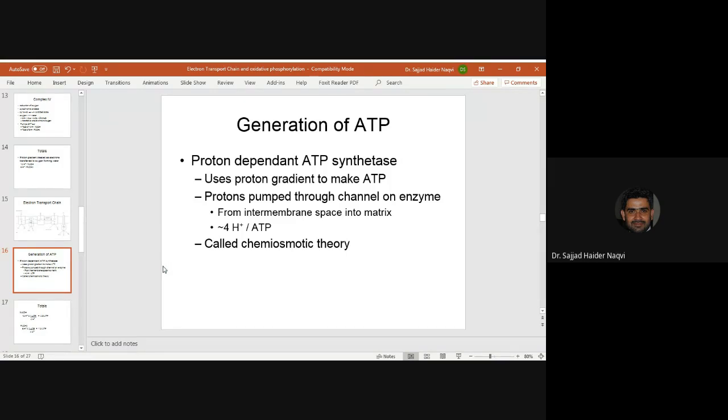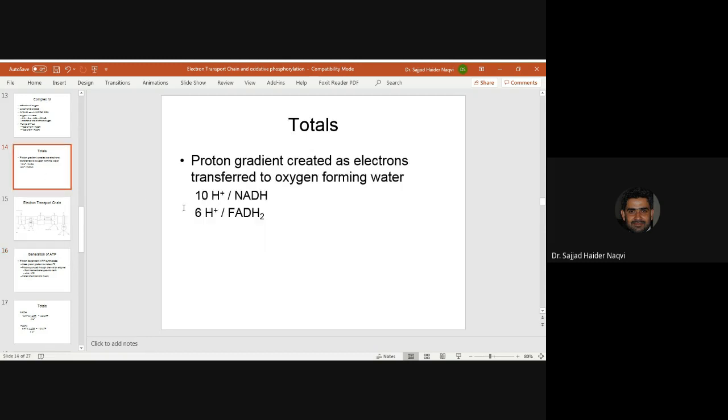So that's how the process takes place. Approximately 4 protons are equivalent to 1 molecule of ATP. So if there are, let's say, 16 protons, roughly speaking, 4 ATPs are produced as a result of this.